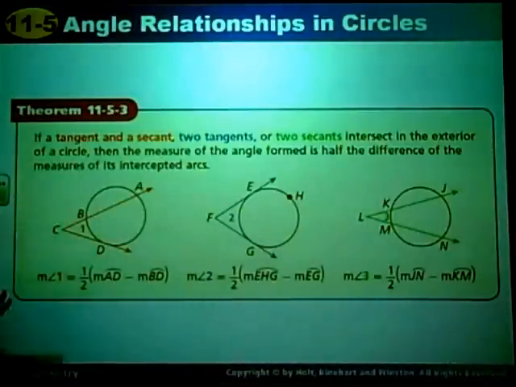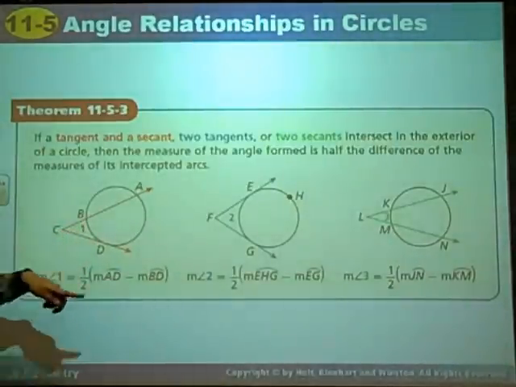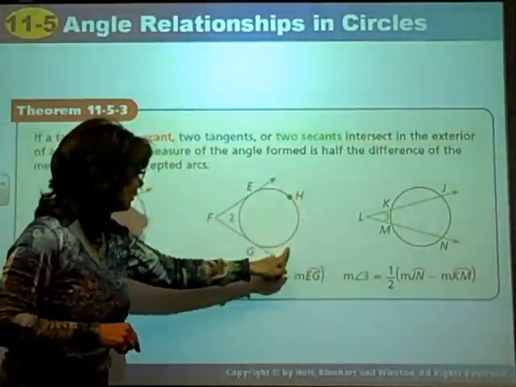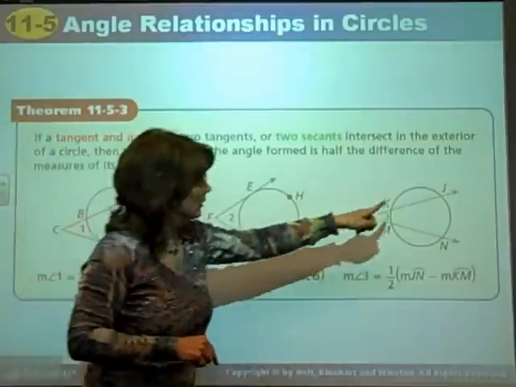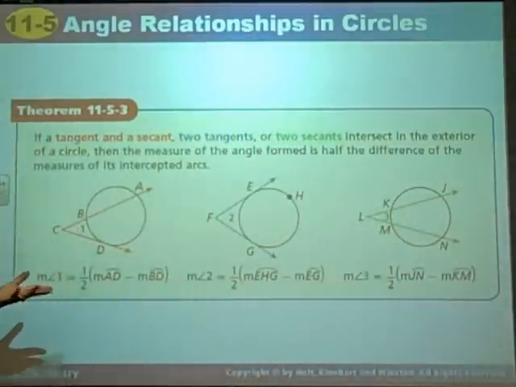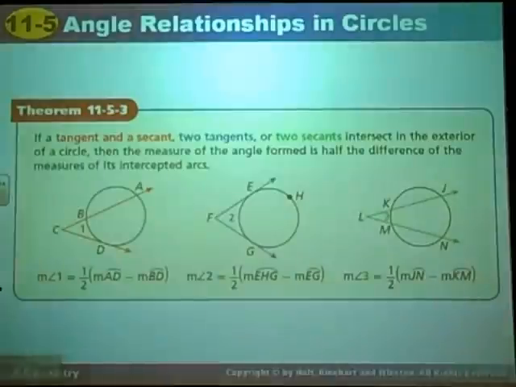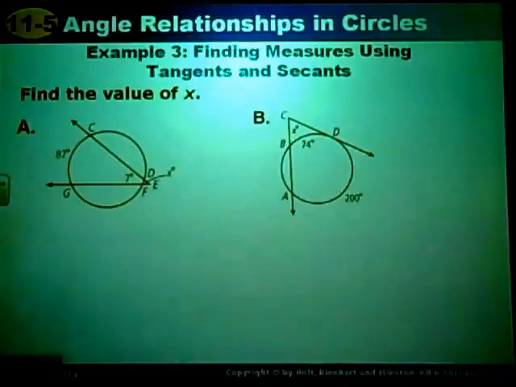If the vertex is outside the circle, you're going to subtract the two arcs and divide by 2. So this arc minus this arc, divide by 2. This arc minus this arc, divide by 2. This arc minus this arc, divide by 2. So you're always just subtracting your arcs, and obviously subtract the smaller one from the larger one because these measures must be positive.